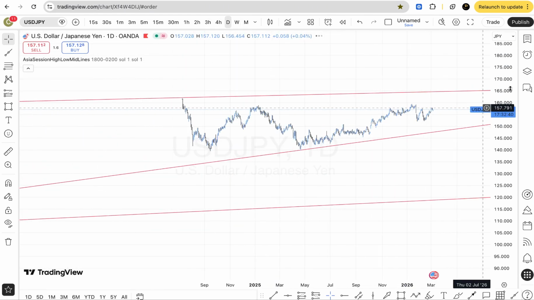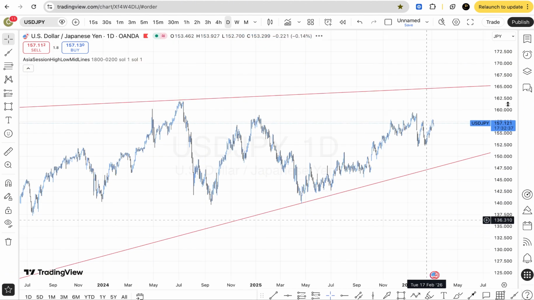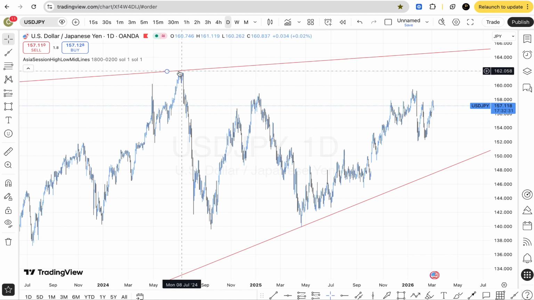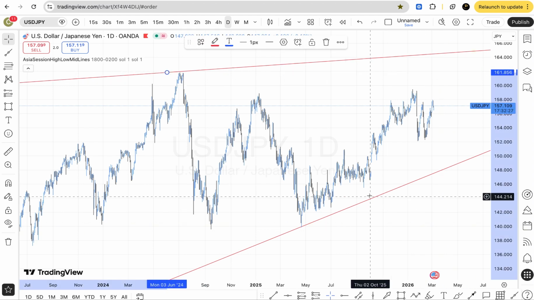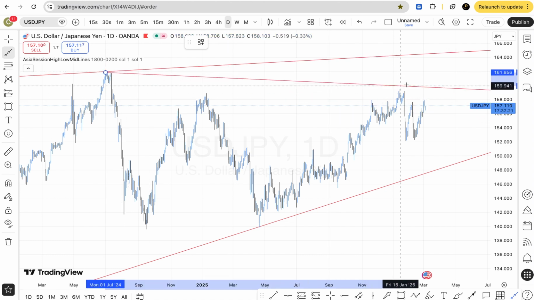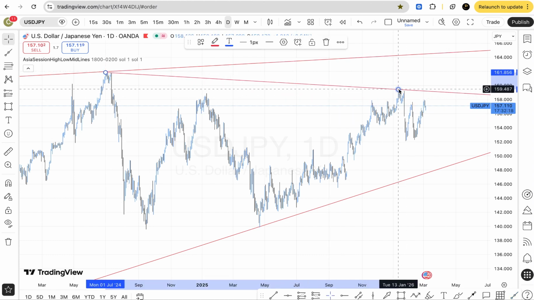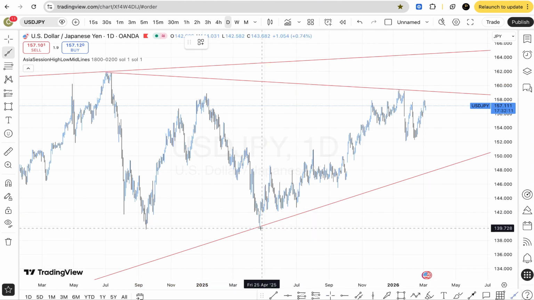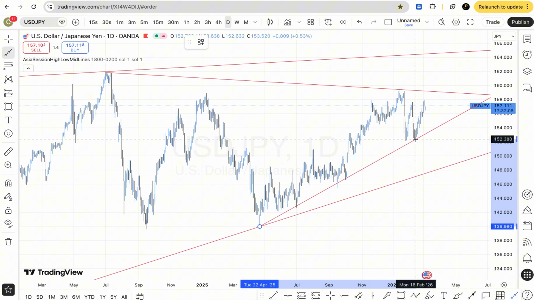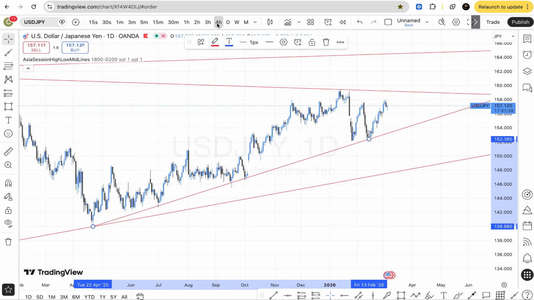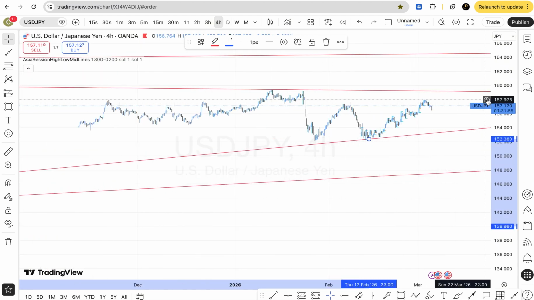On the daily time frame, let's see what we have. So we can connect this point from here to here, and we can also draw another line below. Okay, so this is on the daily time frame. Let's go down to the 4 hours time frame.